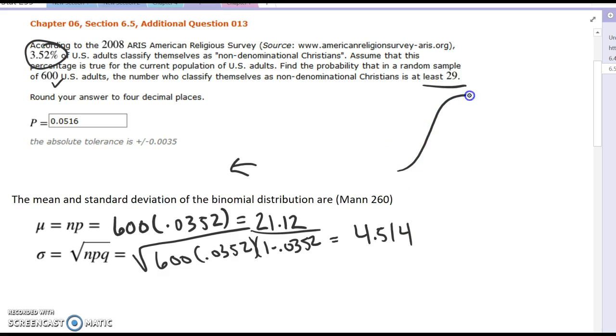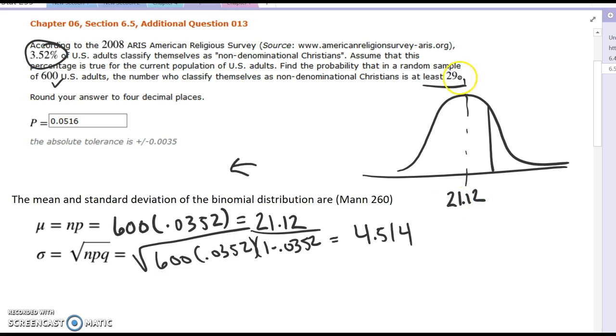We're looking for the normal distribution curve for 29, so we're on the right side of our mean, 21.12. We have to account for the continuity, so we're going to subtract 0.5 from this, and we get 28.5.